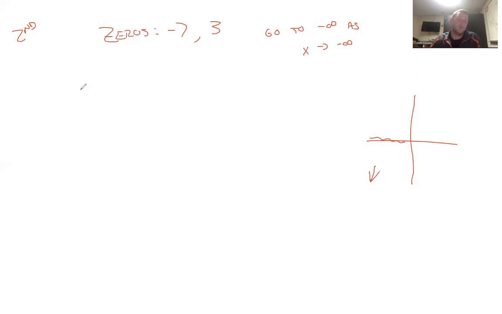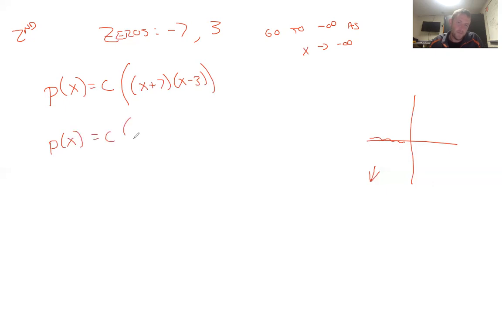So first thing, P of x is equal to c. I would always put that times, then put your zeros. So it'd be x plus 7, x minus 3. FOIL this out. x squared plus 4x minus 21.